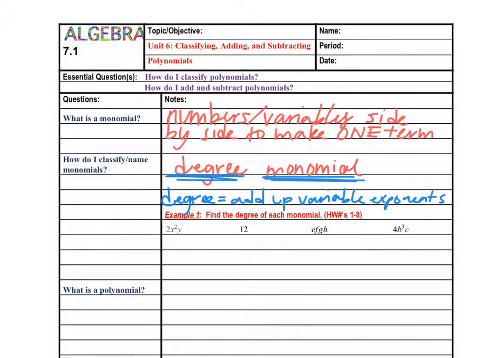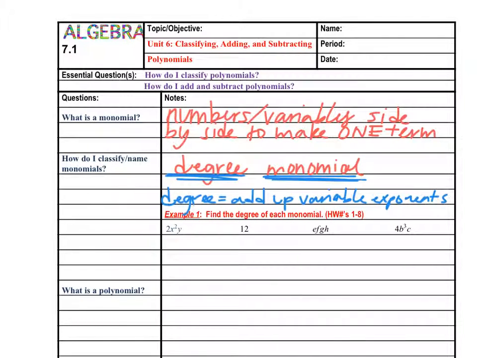And so we'll add up our exponents to get the degree, and then we'll say blank monomial. Okay, so first, these examples, we're finding the degree of each monomial. So to get the degree, you add up the variable exponents, or the exponents on the variables, if you want to think about it that way.